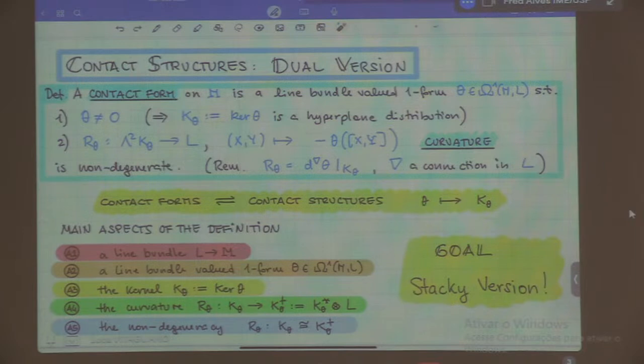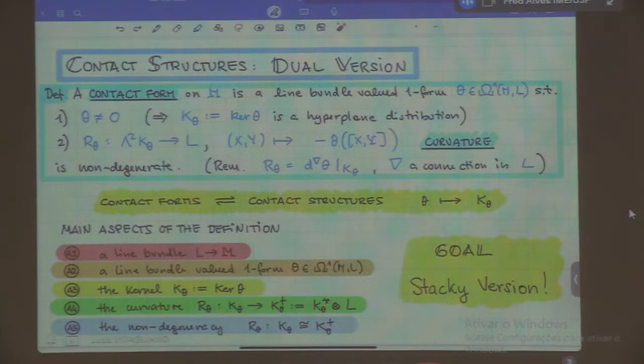And second, you can take the curvature of the one-form, which is again a two-form on the kernel with values in the line bundle, given by this formula. We ask this curvature to be non-degenerate, as before. I have a small remark, which will be useful later.